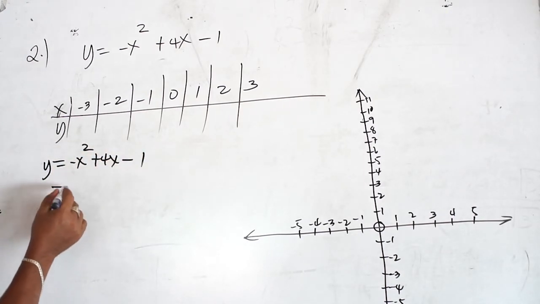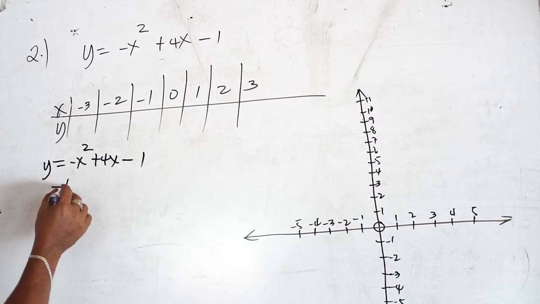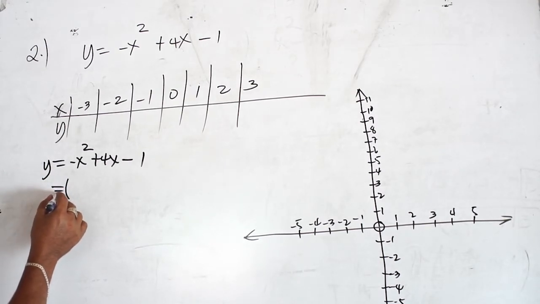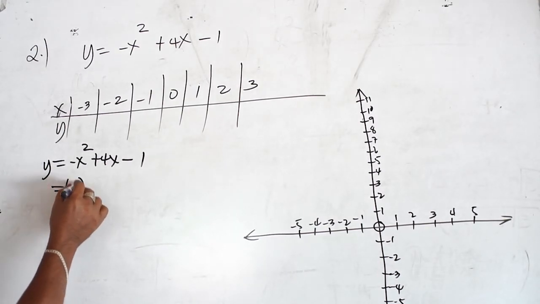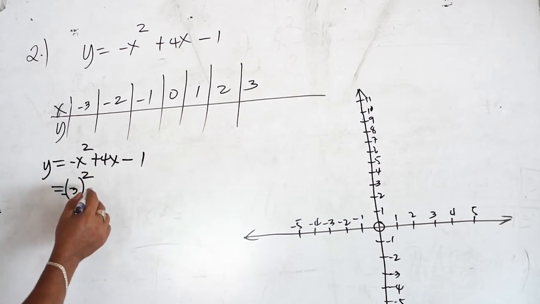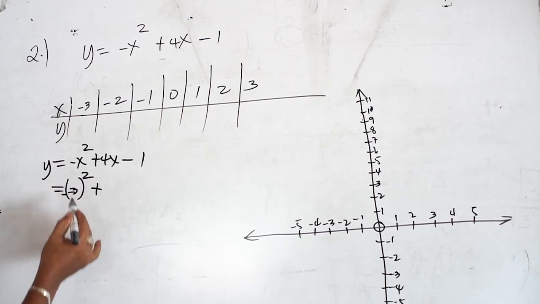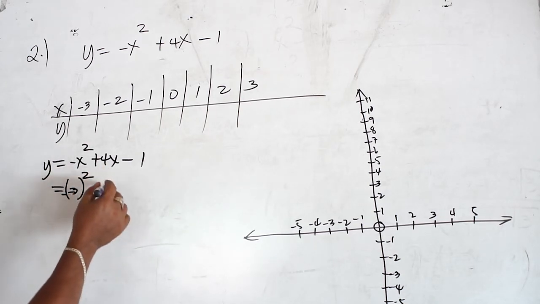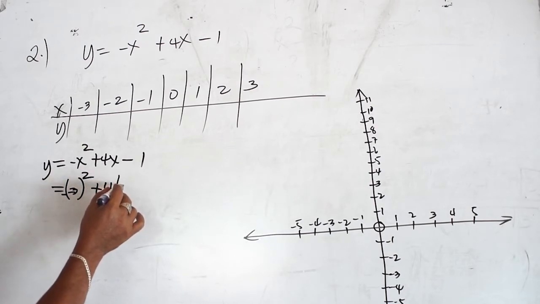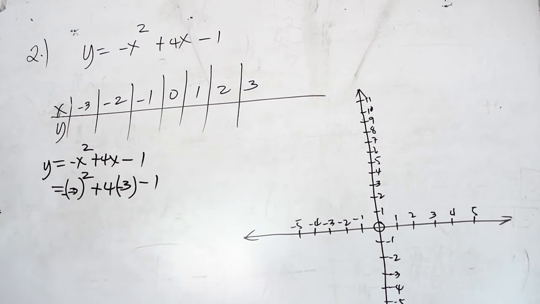Then substitute. So we have negative 3 squared, then positive 4 multiplied by negative 3, then negative 1.